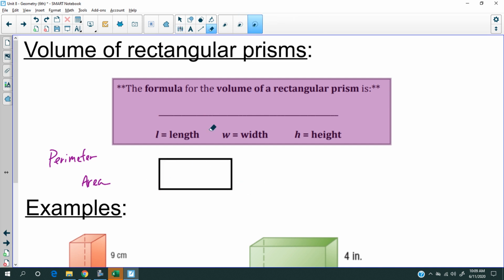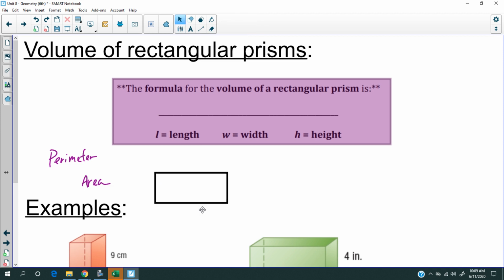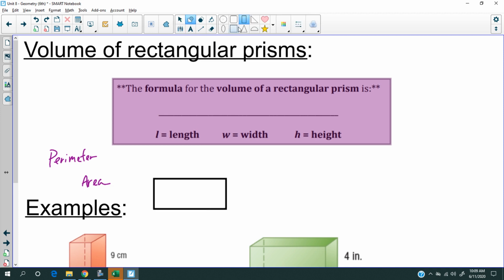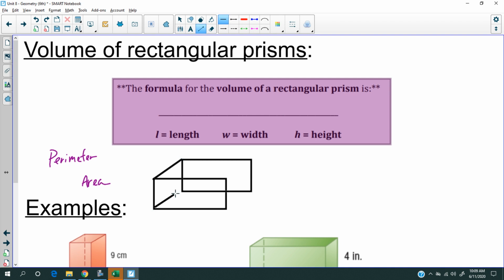Now that we move this into a three-dimensional shape, there are two more things going on. What is the surrounding, right?